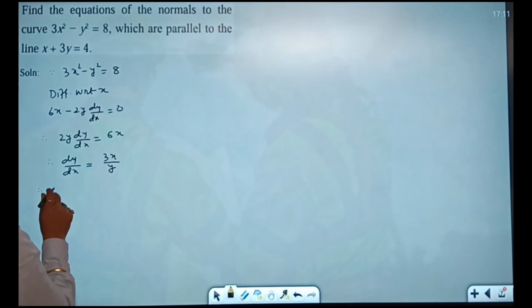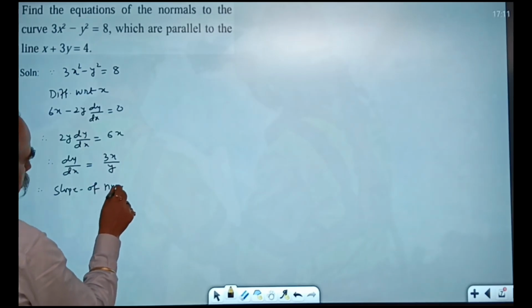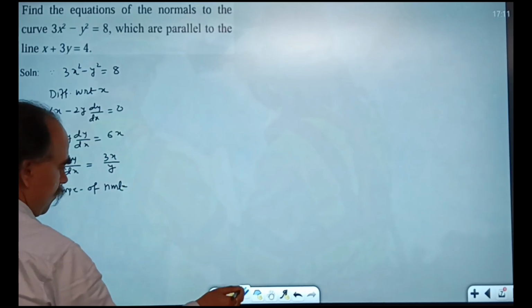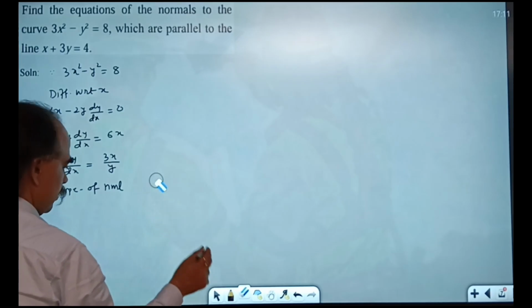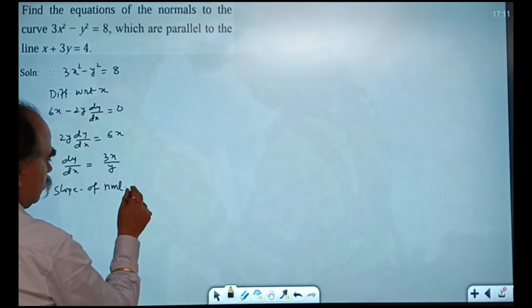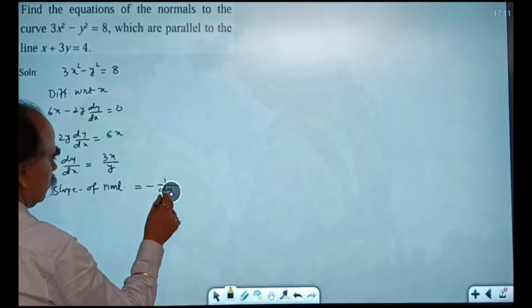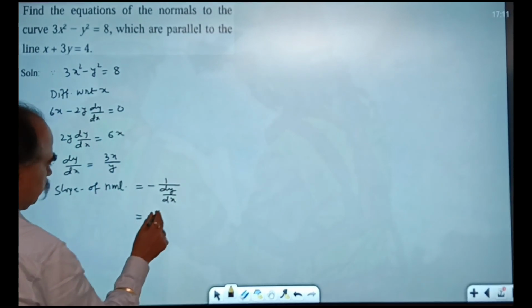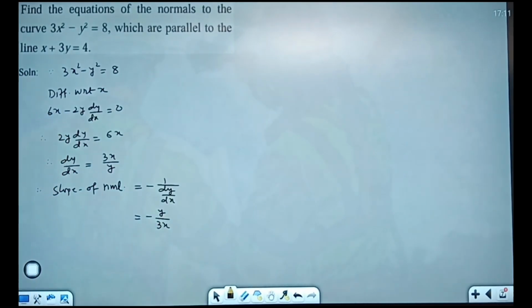Therefore, slope of normal is equal to minus 1 upon dy by dx, which is minus y upon 3x.